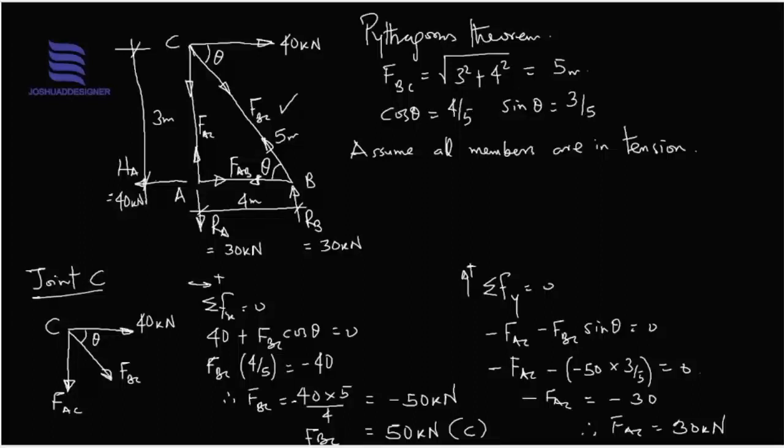So that has given us a solution for FBC and FAC. The only unknown member force now is FAB. We can either pick joint A or joint B, but I would like to pick joint A. And joint A looks like this.